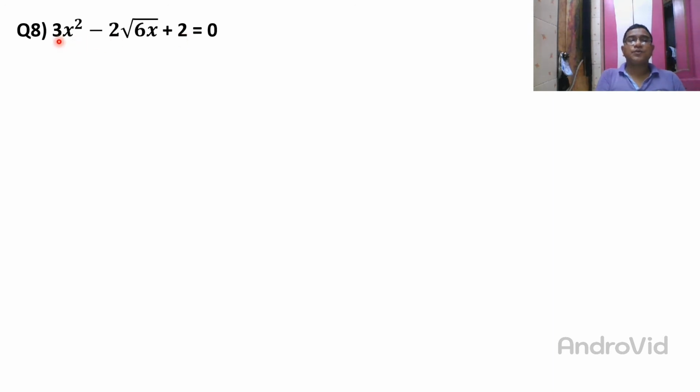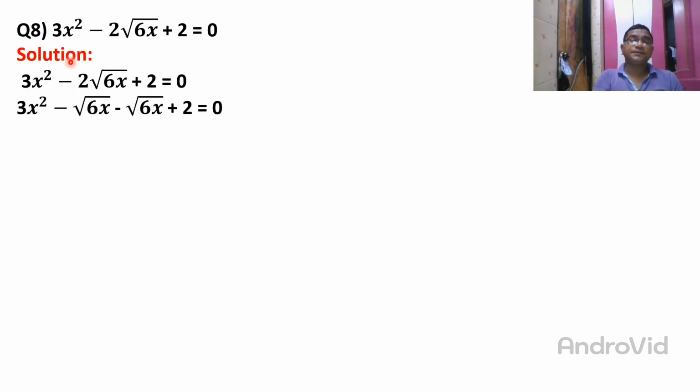See, 3x square minus 2 root 6x plus 2 is equal to 0. So this coefficient 3 is multiplying to 2. So 3 2s are 6, so you are getting the product 6, and you want to find the sum or subtraction that must be minus 2 root 6.